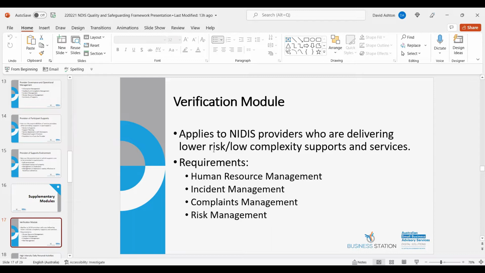But again, it is similar to the core requirements around human resource management, so how you engage, the whole recruitment, selection, induction, performance management process. You need to have provisions around incident management, complaints management and feedback, and risk management. So similar to the core modules, you've got to put in place a framework, and it's all based on the size of your organisation.